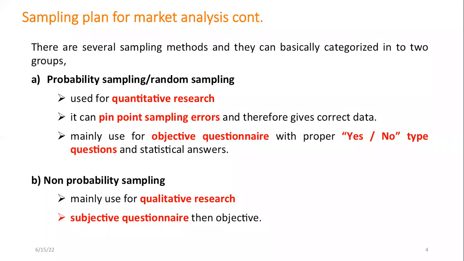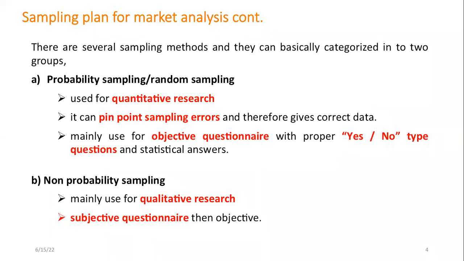We call probabilistic sampling random sampling. So basically we use random sampling methods for quantitative research activities, and for objective questions. You know what an objective question is, as an example? Yes or no questions, right?